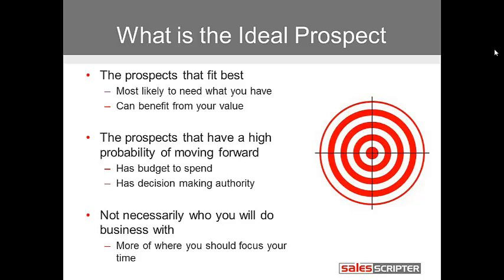The ideal prospect isn't necessarily who you will do business with. Think about the demographics of an audience. We might do business with people that are between the ages of 40 and 50.